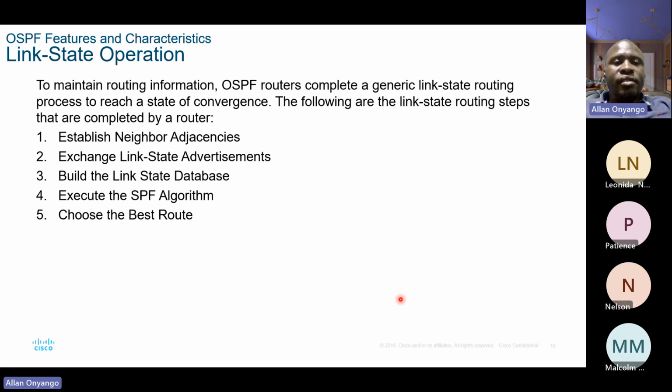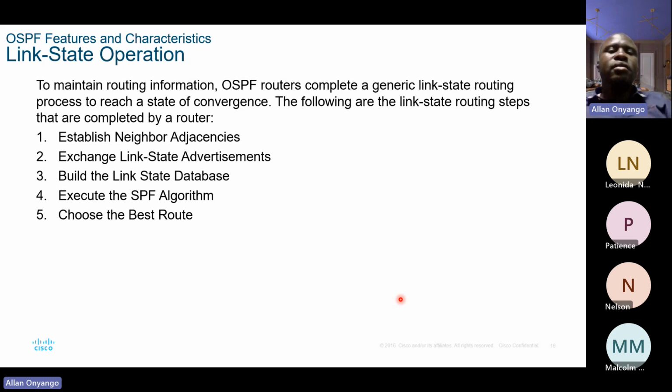Now, this is the step of operation that OSPF uses in order to reach a state of convergence, and I'll be differentiating two words: convergence and adjacency. To start with, let's start with adjacency. Like I told you, an adjacent building is a building closer to it.